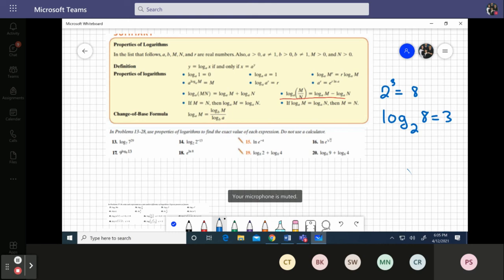So when I'm trying to figure out what these are, one of the ways that it makes it easier is when I just try to rewrite them in the form that it's not. 13 is written in log form.